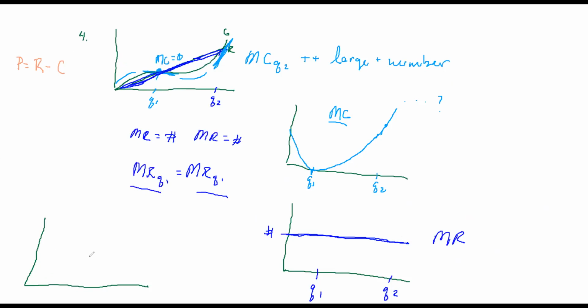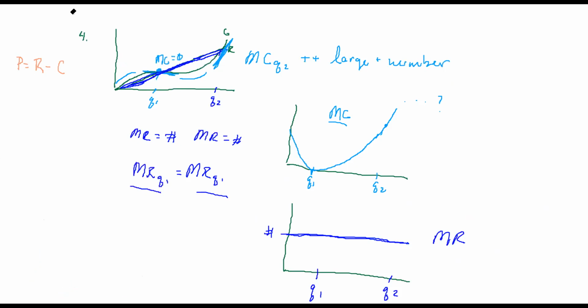So at point Q1, we know that revenue is equal to cost because that's where they're intersecting. So revenue is equal to cost at points Q1 and Q2. I'm going to move this up because we need to be able to get into the negatives, because there are some points with negative profits.